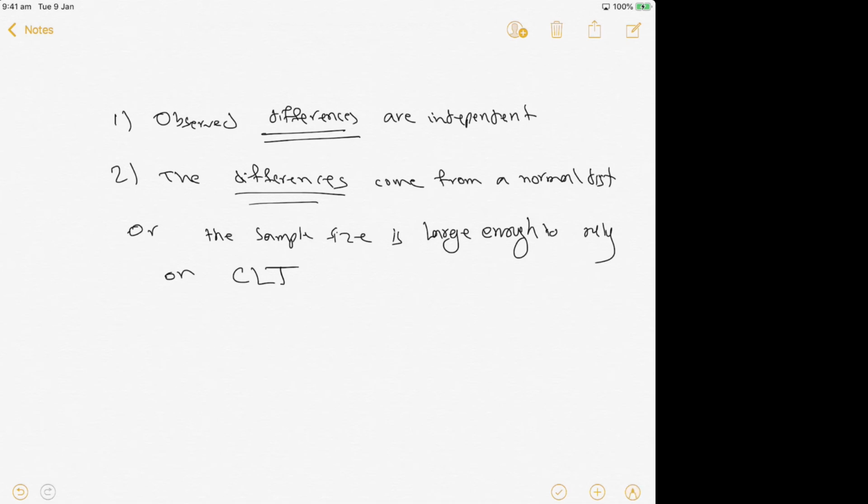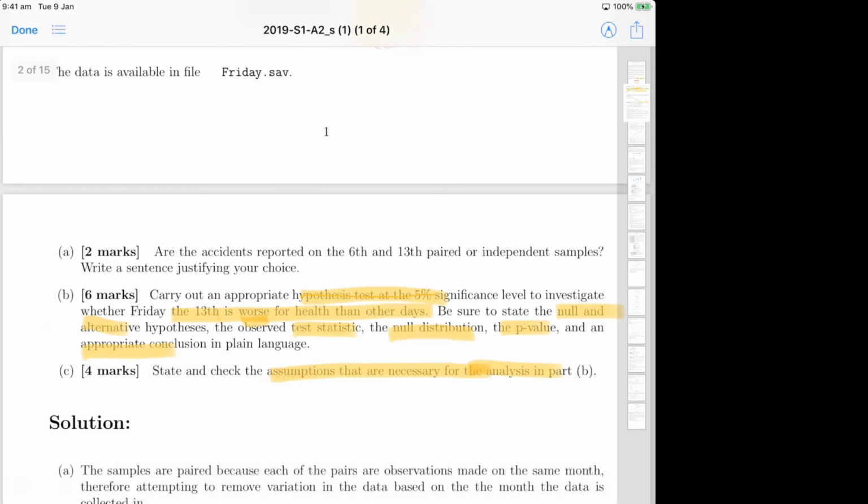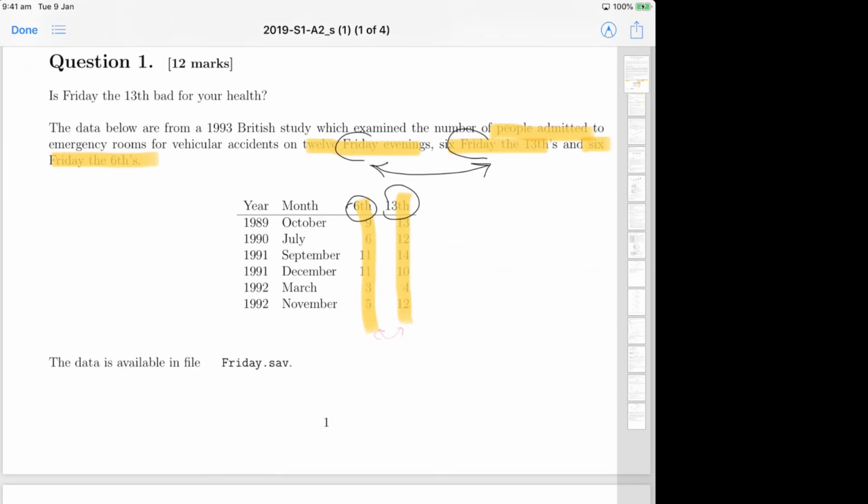Observed differences are independent. The way that you can answer this assumption is by looking at the question to see if there is any information given to you. If you read the question, we haven't given any information about whether they're independent or not. So don't be afraid. Sometimes you can say that they are not independent because there is no information given.